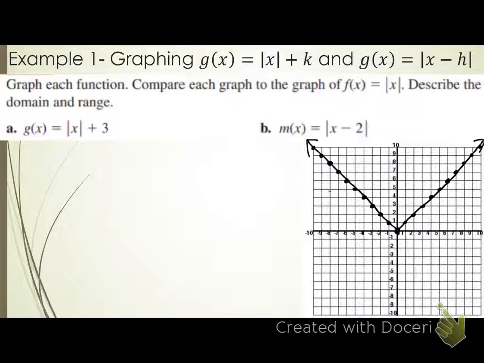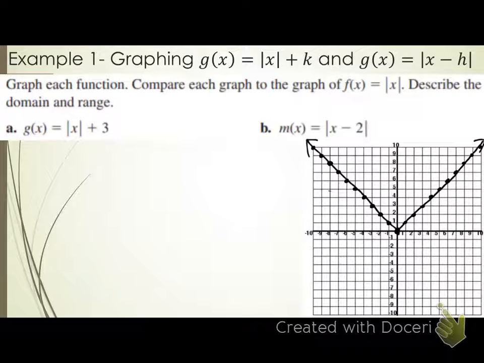Vertical. Is this getting translated up 3 units or down 3 units? Up. Remember, if it's outside, we follow what the sign says. So I could just take my parent function and translate all the points 3 units up.